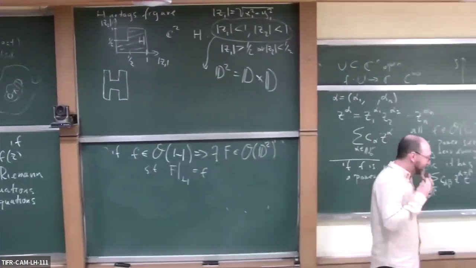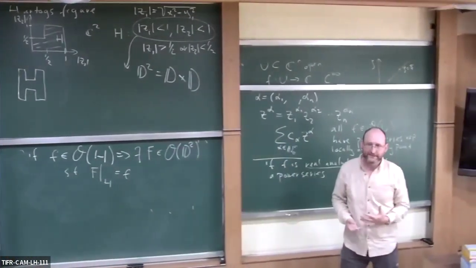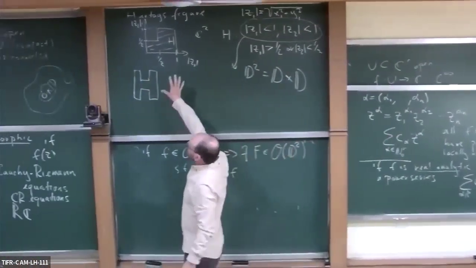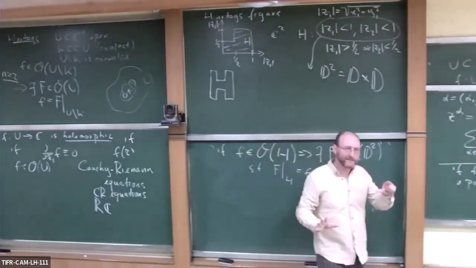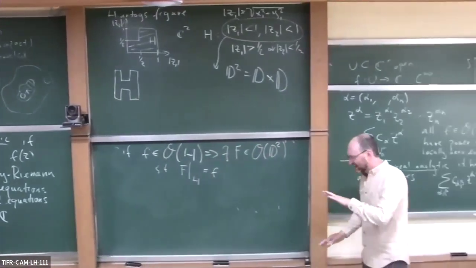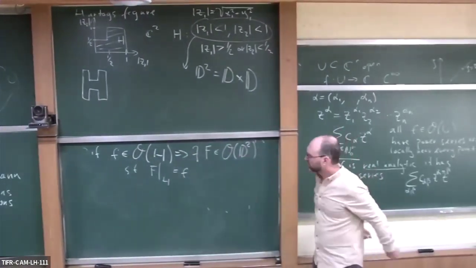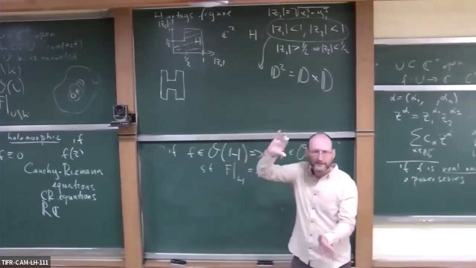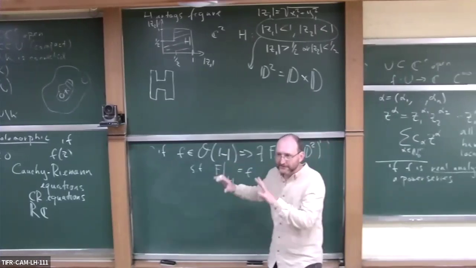Because this is really the way that holomorphic functions extend. You can take this and you can move it around. You can apply any holomorphic change of coordinates. So you can easily just think about rotating and translating.